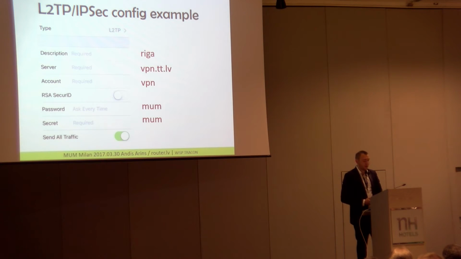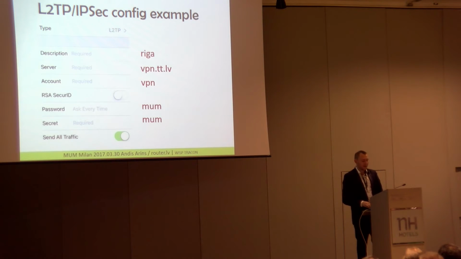The account, by default, QuickSet says is VPN. And both passwords will be mum in small letters. And the default setting to send all traffic over the VPN is still here. So what you need to remember is Riga, the server name, the account VPN, and both passwords mum. So actually four different values to remember for the configuration.